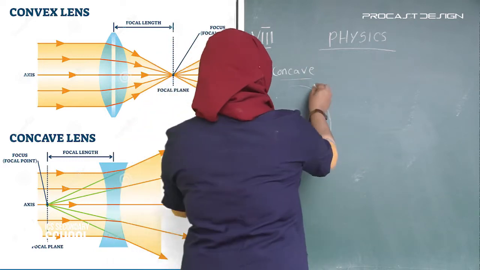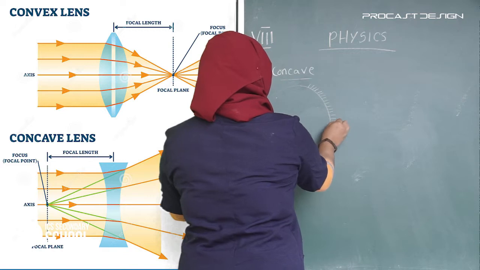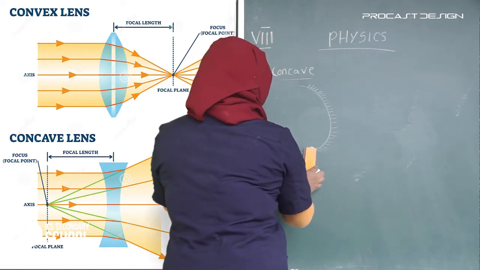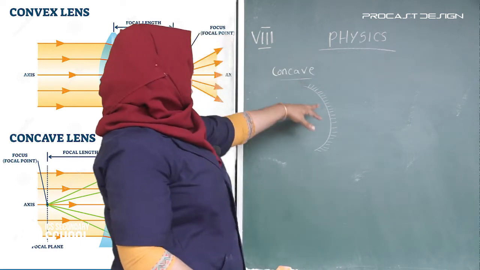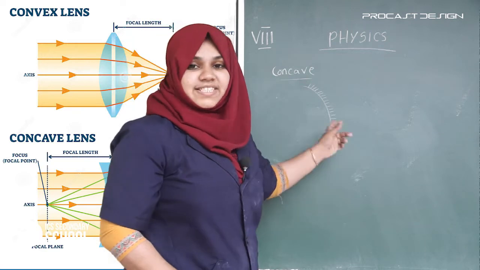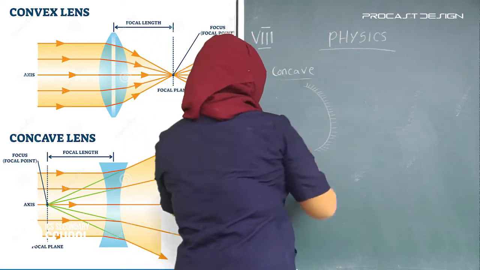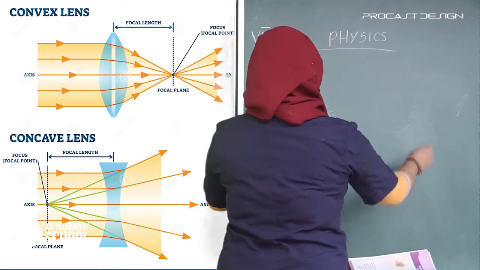Here I draw the inner side as the reflecting surface, and the other part we can rub out. So we get a concave mirror. This is the concave mirror.